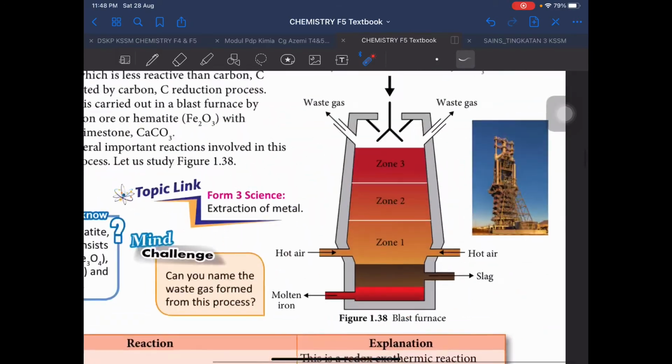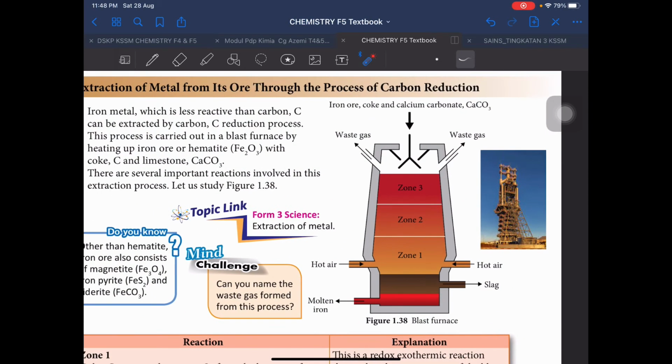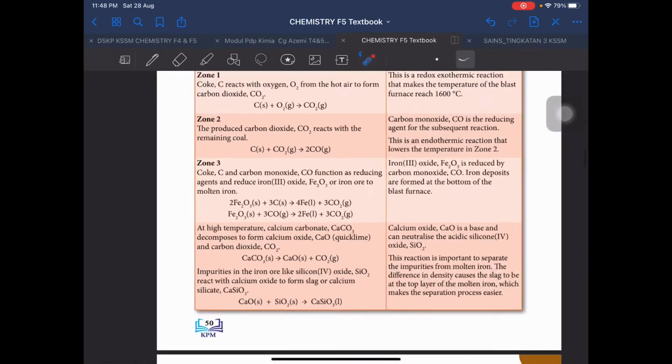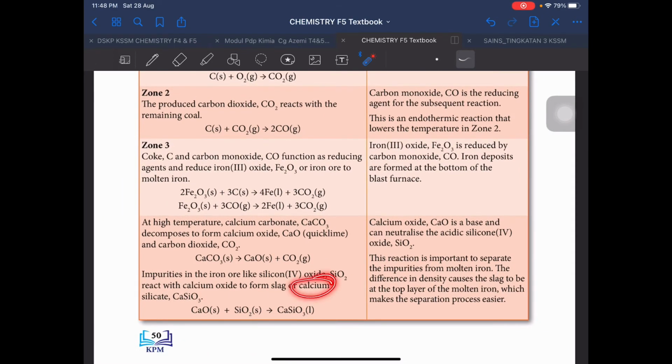Maksudnya begini, okay, bila kamu habis sudah, the blast furnace habis sudah dia punya proses, so what you will see is ada slag di atas. Slag tu dari mana? Slag tu adalah CaSiO3, okay, calcium silicate. So calcium silicate tu dari mana?